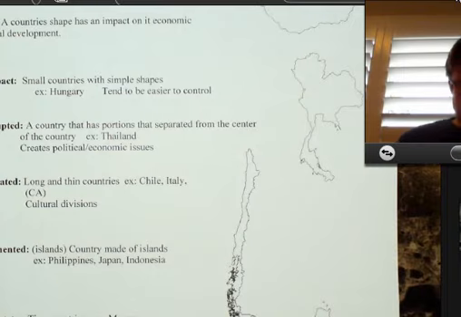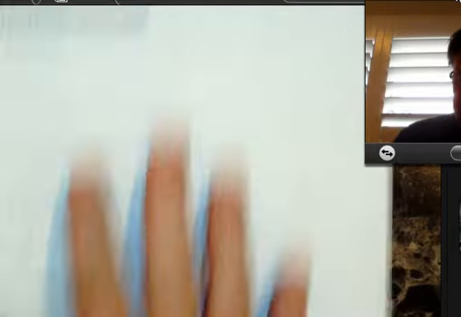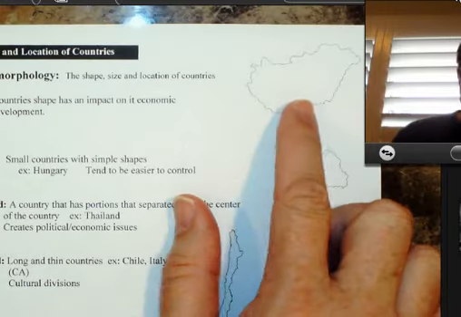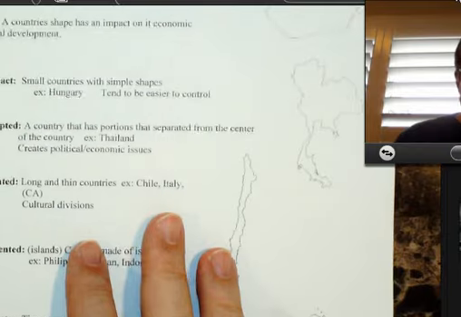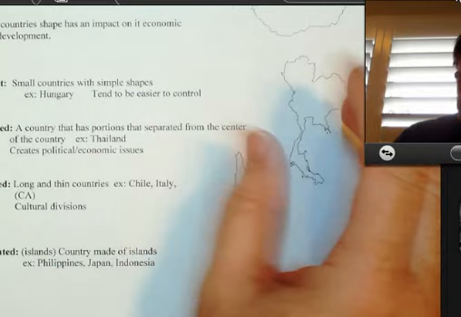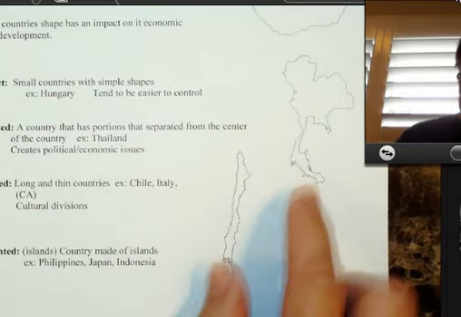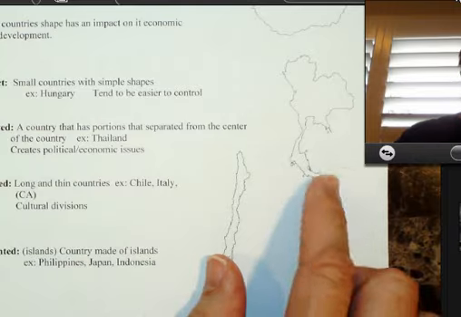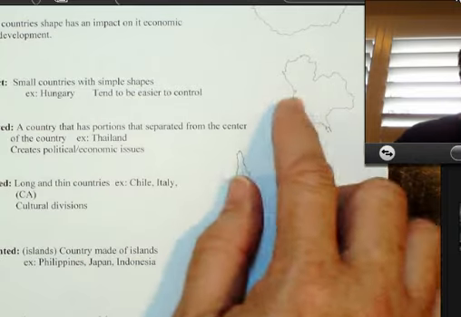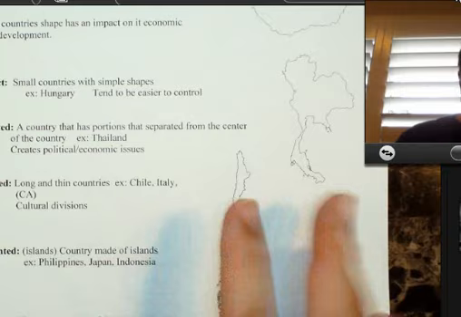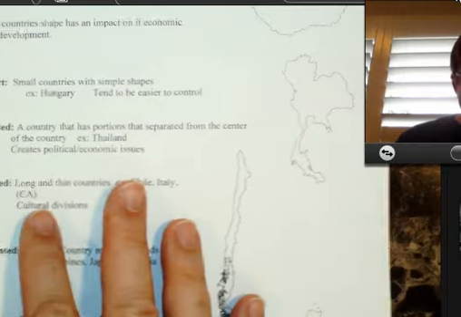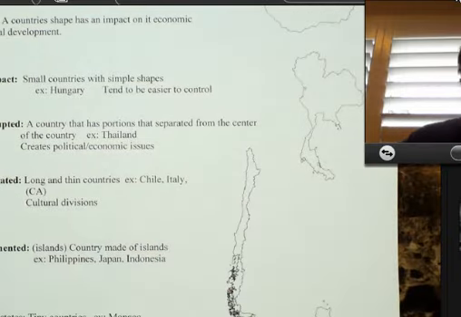Hungary is famous for cutting off migration because it has easy, clear borders. Thailand, being prorupted, is harder to govern. People down here have a hard time getting to here, so it makes the country less organized, creating political and economic issues, and trade is more difficult.